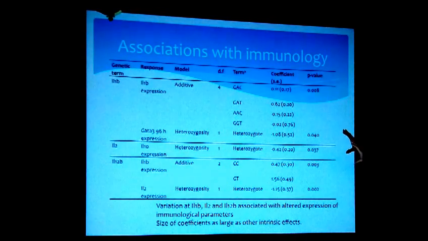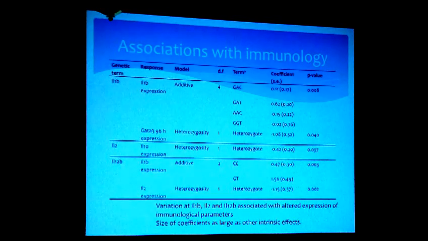So on the left-hand side there, IL-1B, IL-2, IL-12B, those are genes for which Andy's student was looking at genetic diversity, and there were also about 8 other genes which he looked at, mostly cytokine genes, or other genes which have been associated with resistance in lab or human studies. And he was looking at genetic diversity in those genes using SNP markers to see whether the genetic diversity of those genes affected other of these immune parameters.